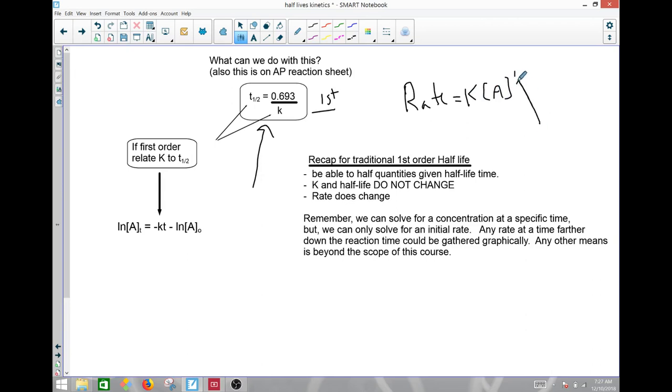This is the number of items in your rate determining step. So we're unimolecular, typically, for first order. And this K value is the rate constant. Sometimes it's thought of as the effectiveness of the reaction, or even collisions if need be, although first order doesn't have that. So this is proportional to your rate, although it's not your rate entirely.